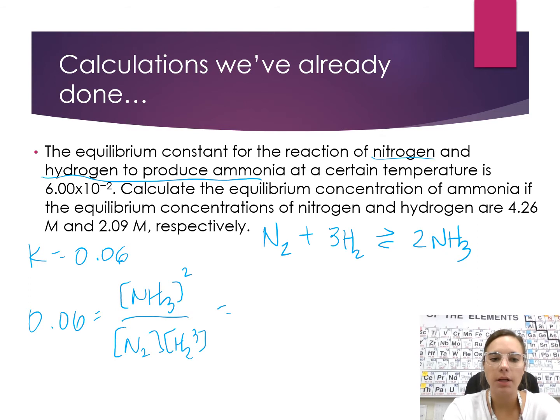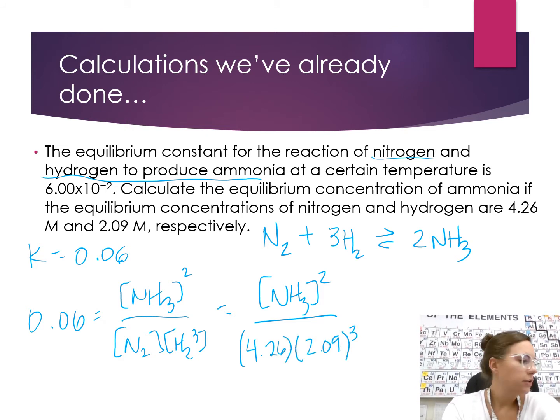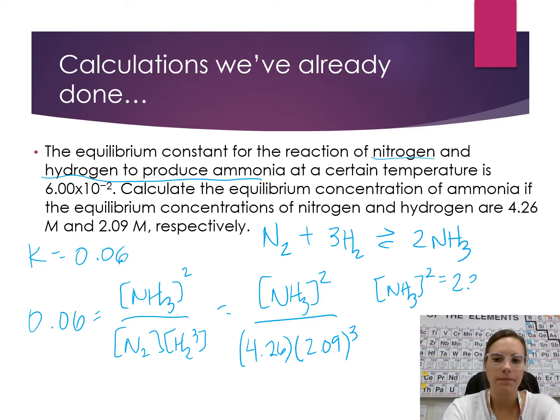And then I'm going to plug in what I know. I don't know the ammonia's concentration. That's what I'm solving for. But I know that nitrogen is 4.26 and hydrogen is 2.09. So then when I do that math, I get that the concentration of NH3 squared is equal to 2.33.